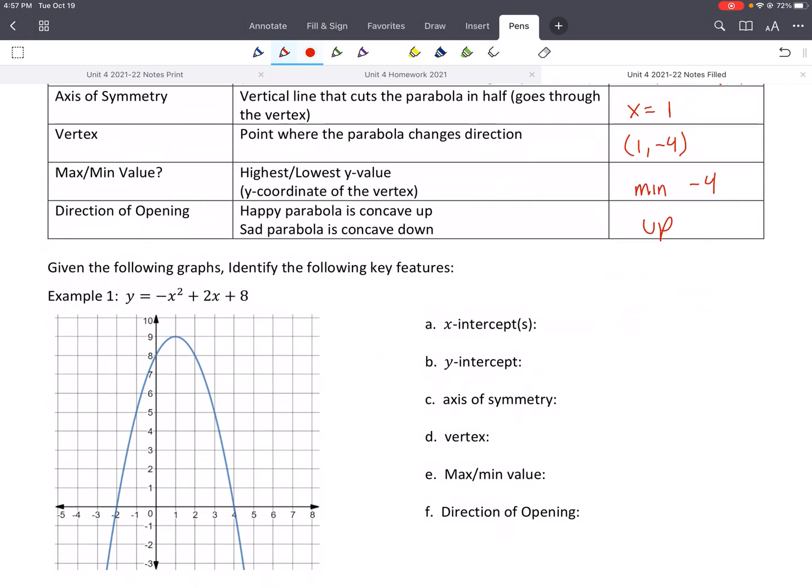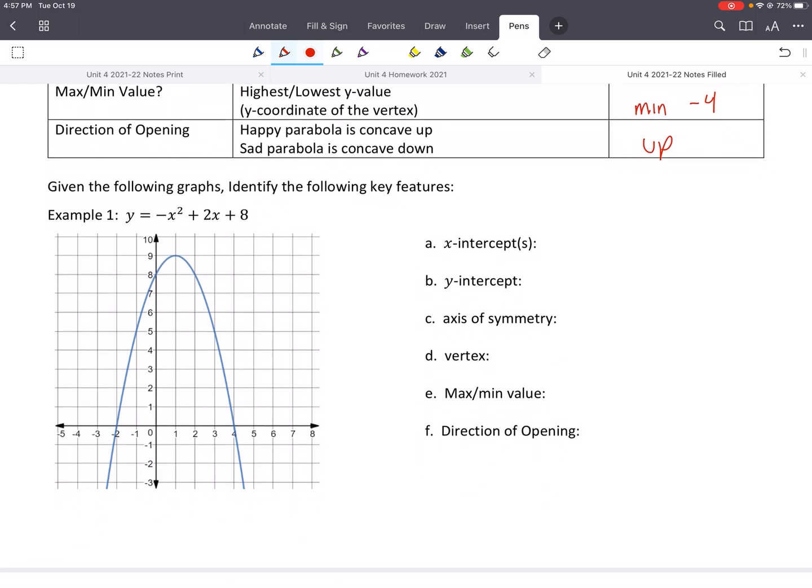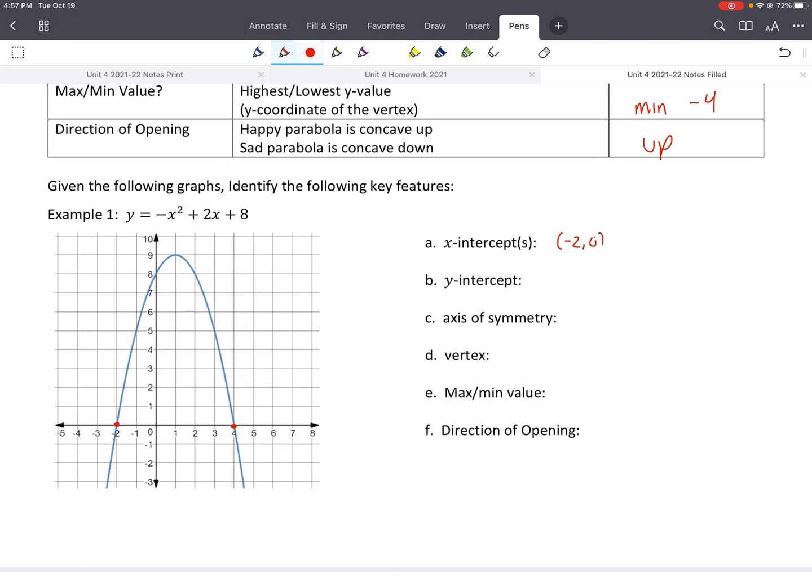All right. So here's just some more examples. You're welcome to pause and give it a try yourself. I'm just going to do what we did in class. So example 1, x-intercepts are right here and right here. So -2, 0 and 4, 0. Our y-intercept, again where it crosses the y-axis, here would be 0, 8.